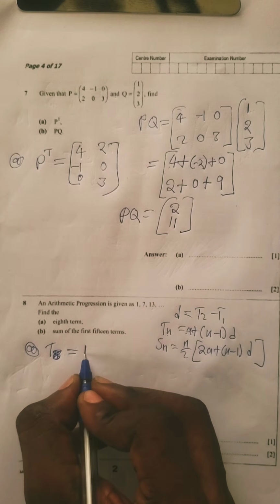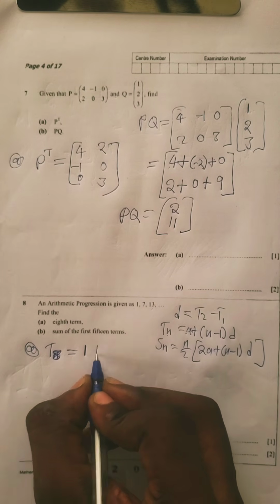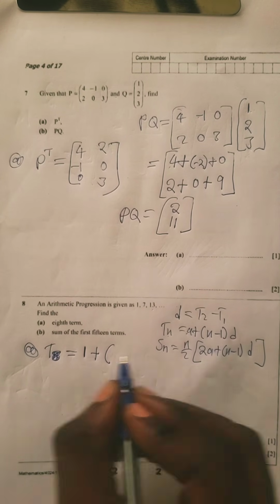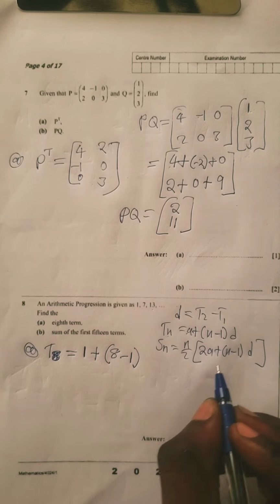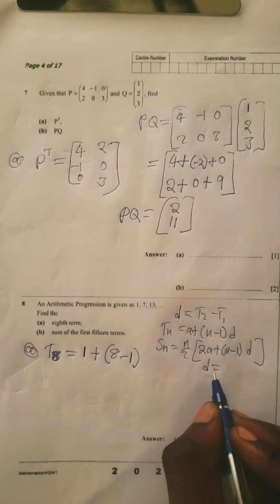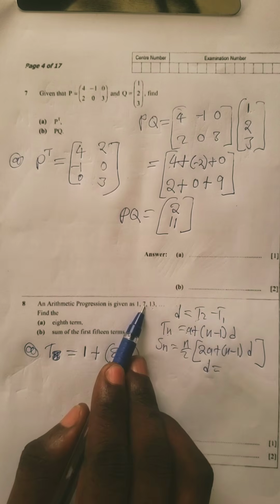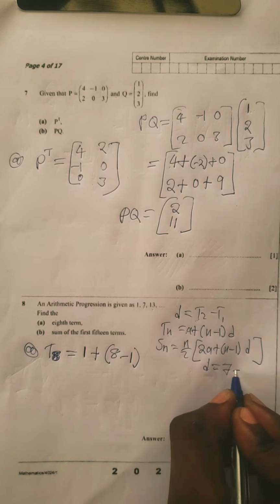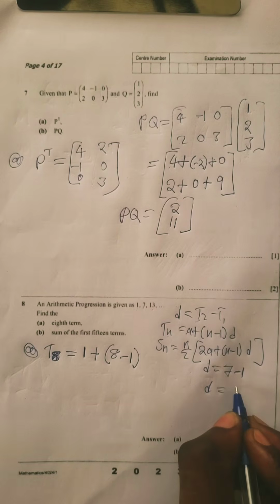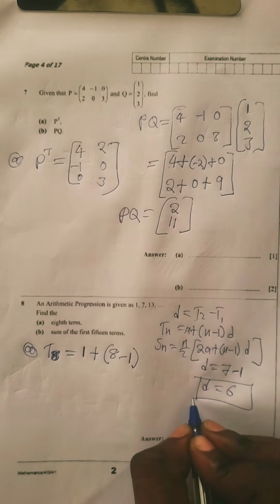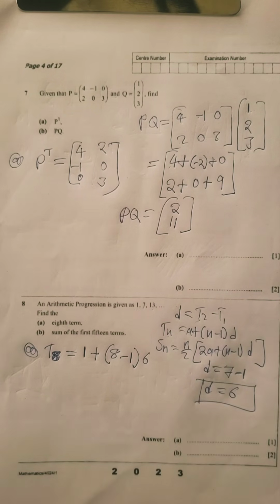So our first term is 1, that's a, plus, open brackets, n is 8 minus 1, d. We can calculate d: d is equal to term 2, which is 7, minus term 1, which is 1. So our d is 7 minus 1, which is 6.